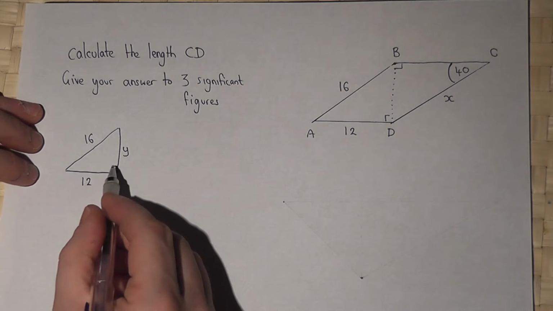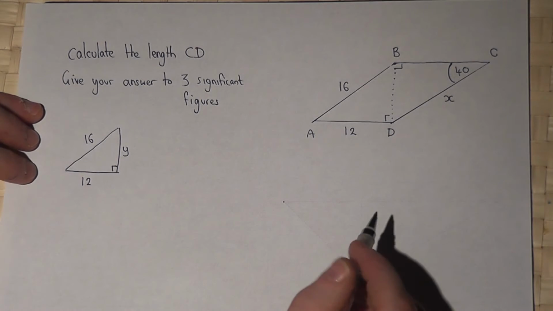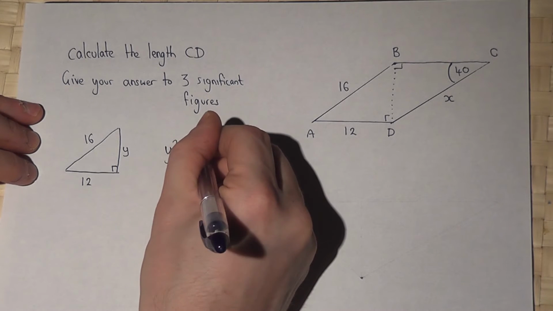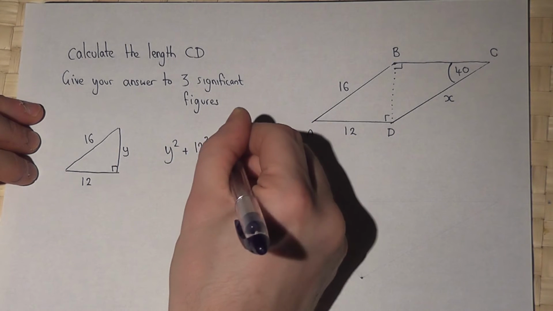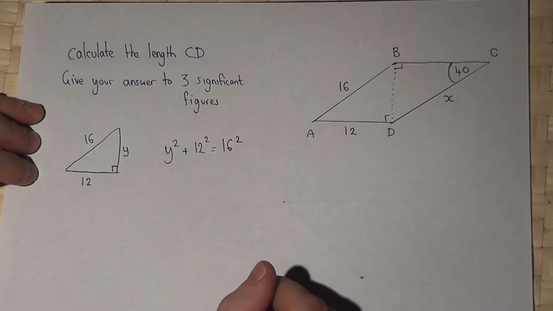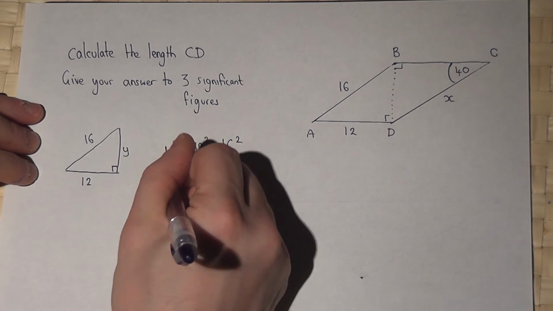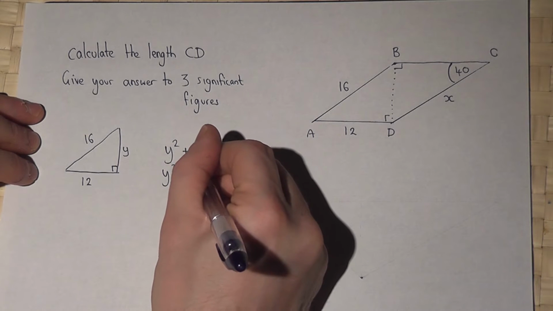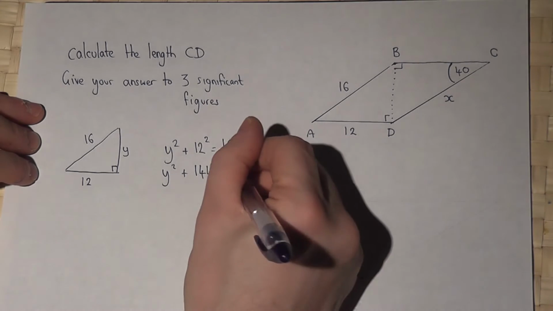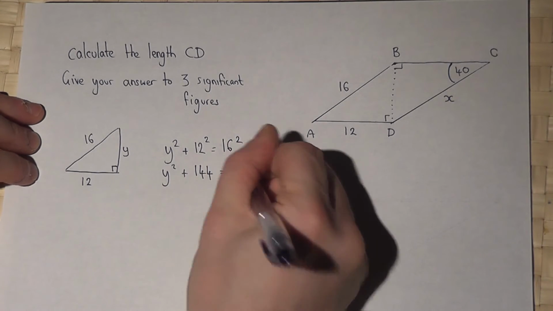Now because there is a right angle there, we can use Pythagoras. So y squared plus 12 squared equals 16 squared. So to find out y squared, I work out 12 squared, which is 144, and 16 squared is 256.